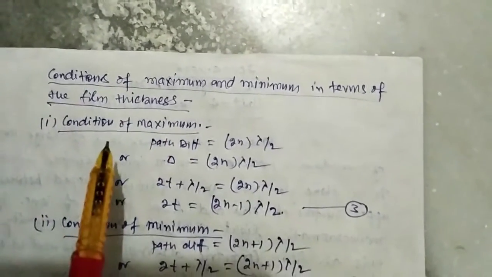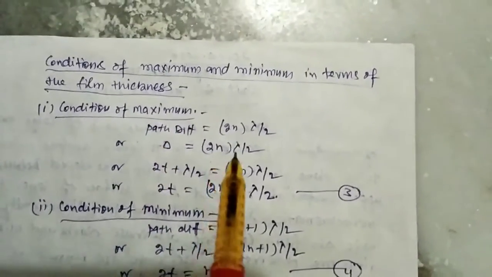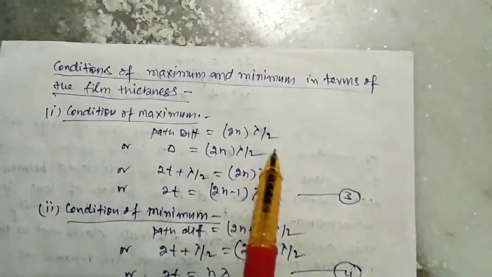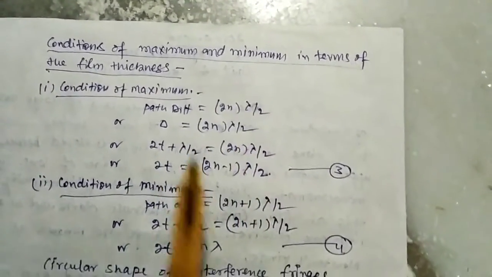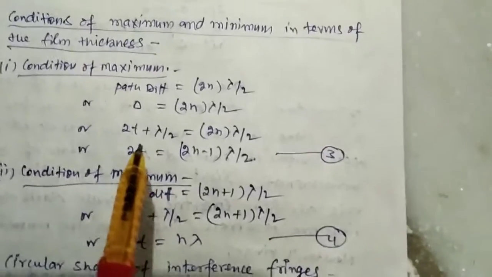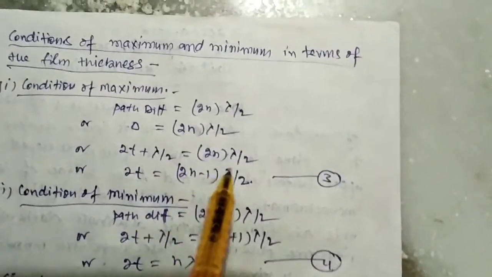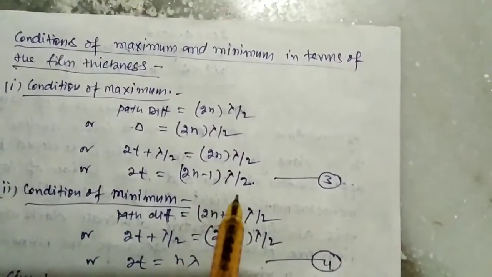Now we come to the conditions of maximum and minimum in terms of the film thickness. First we take the condition of maximum. For maximum we have the condition path difference is equal to 2n into lambda by 2, that is delta is equal to 2n lambda by 2, and as we have path difference 2t plus lambda by 2 is equal to 2n lambda by 2, or 2t is equal to (2n minus 1) into lambda by 2.